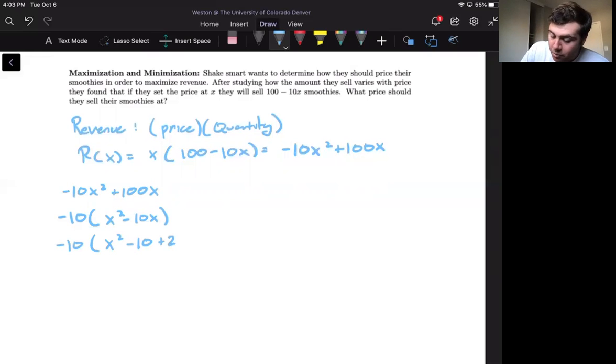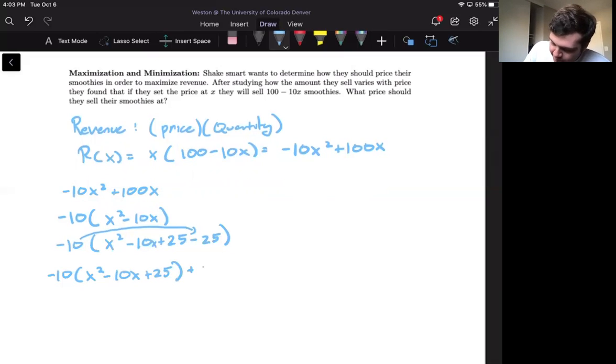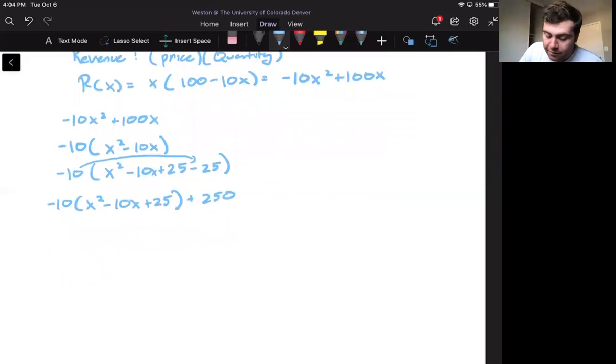So that tells us that we get plus 25 minus 25, and now we can distribute this negative 10 to pull that 25 out. So we get minus 10 times (x squared minus 10x plus 25) plus 250. And then that front factors as (x minus 5) squared plus 250.